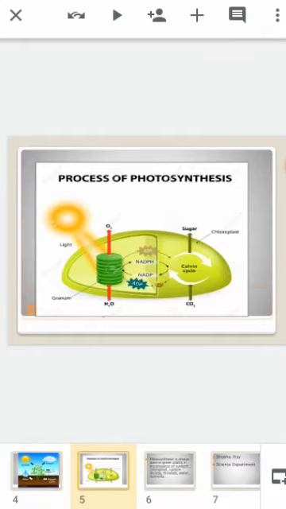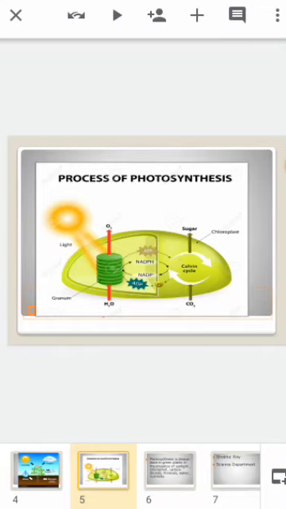Process of photosynthesis. Look here. This is the advanced diagram of the process of photosynthesis. Children, please look here and concentrate here. This one is sun and light from the sun going on leaves, and this is the microscopic structure of a leaf.